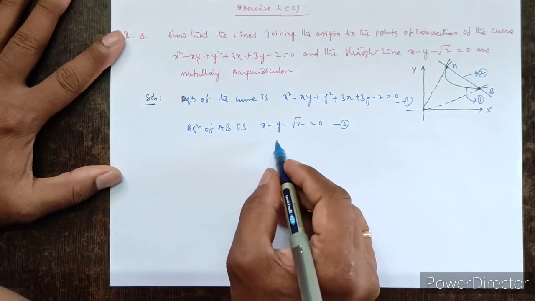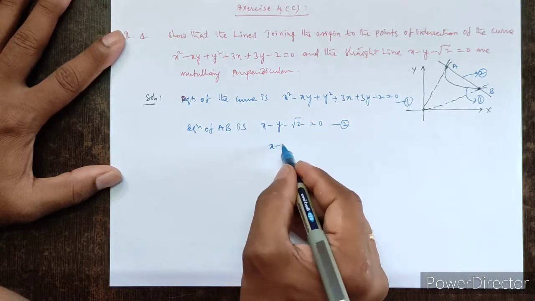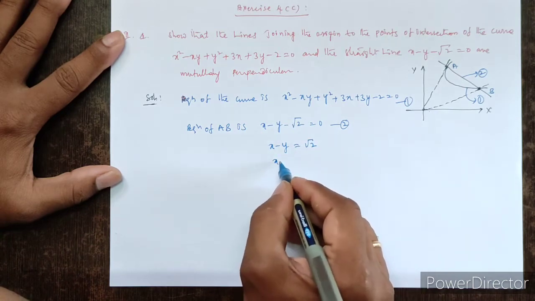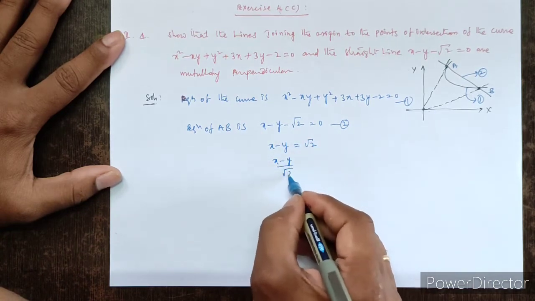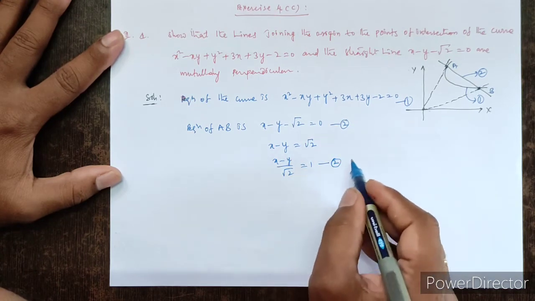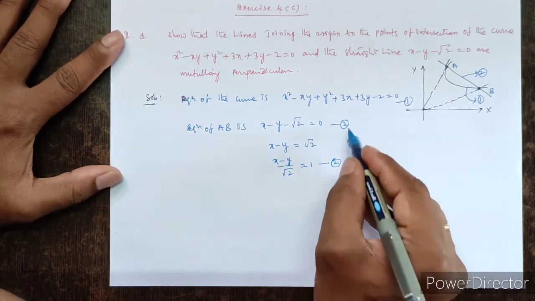So equation 2 can be written as x minus y equal to root 2, then x minus y by root 2 equal to 1. Just you have to find the value of 1. Of course, this is the same equation number 2.